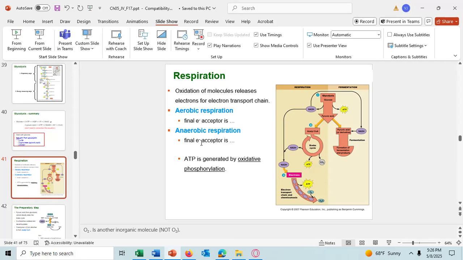Nitrite, the electrons flow to nitrite. Sulfate, the electrons flow to sulfate. But the important part to remember is, in anaerobic respiration, the final electron acceptor is a molecule other than oxygen. Any question about that? In respiration, whichever form, ATP is generated.